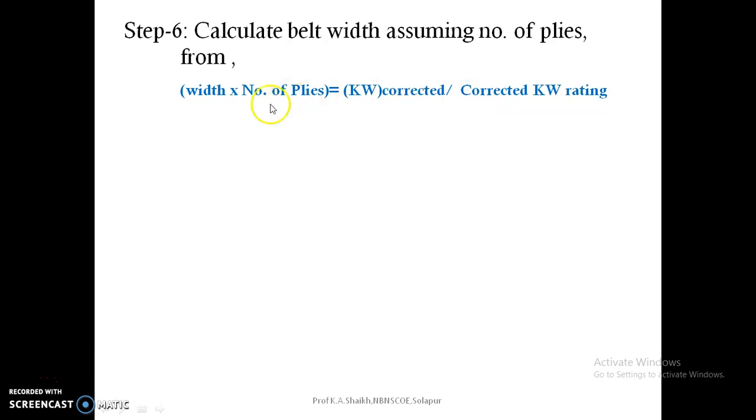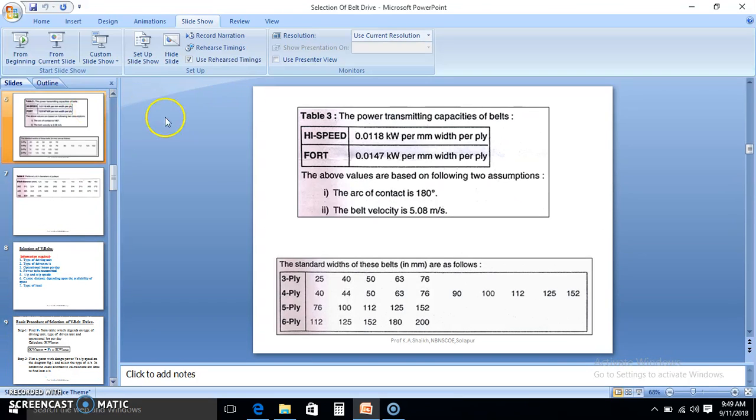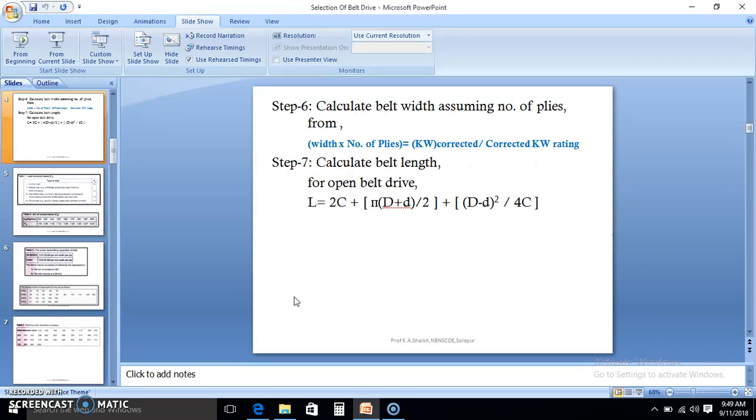Now for a given number of plies from the available table, suppose we have selected 4 plies. You divide the right side by the number of plies, and you will get the width of the belt for the selected number of plies.